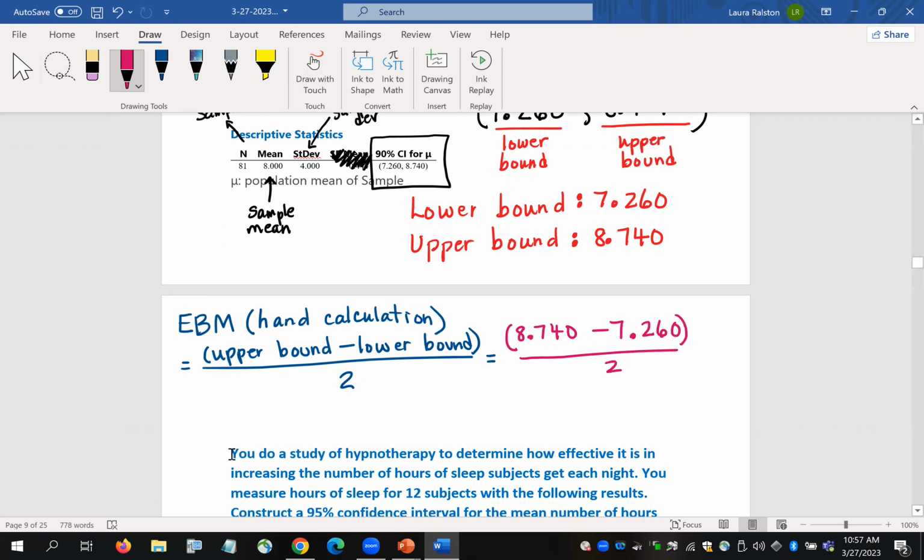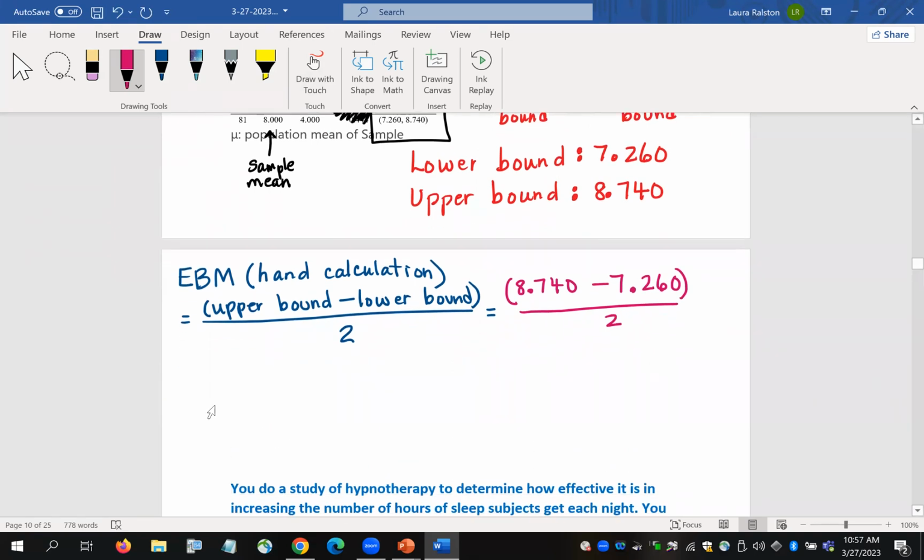Guys, again, remember, you have to do the subtraction in the numerator first. Okay, follow order of operations. So using my handheld calculator, I'm going to do 8.740 minus 7.260, which gives me 1.48. 1.48 divided by 2 is 0.74.